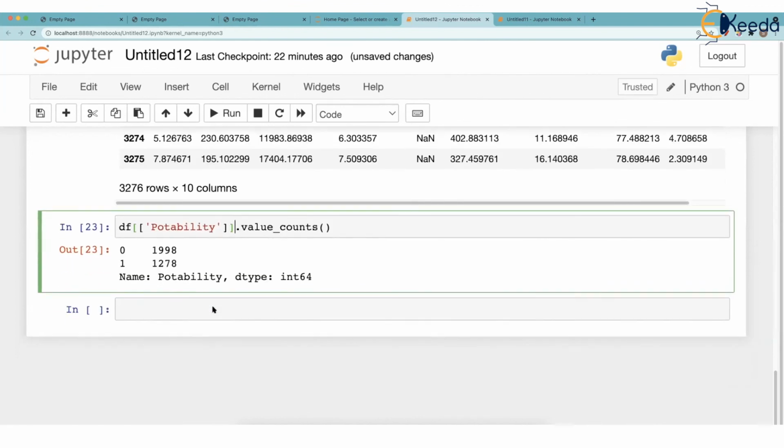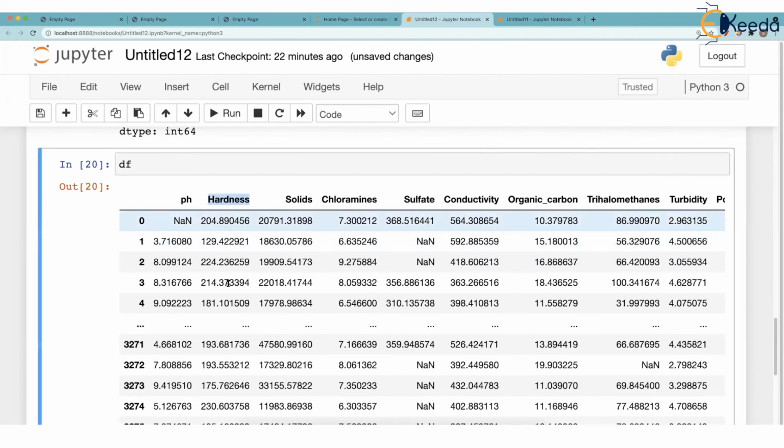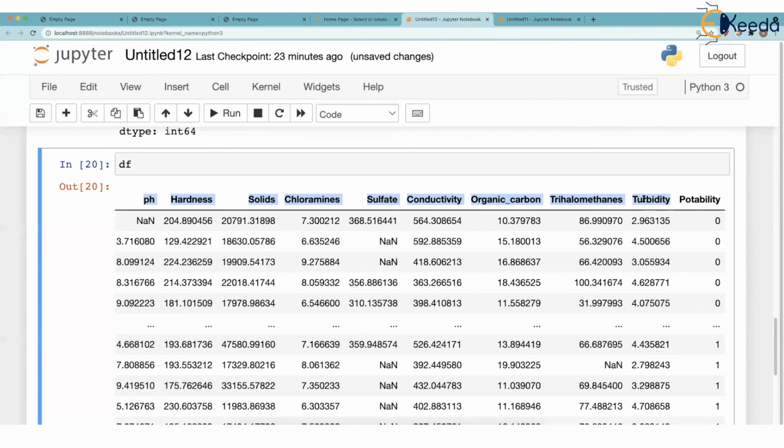In our case, it's really rubbish to check value counts on hardness, because it is a real number. Come on, when do you count something? When it is countable. Potability contains only 0 or 1. Those values are countable.